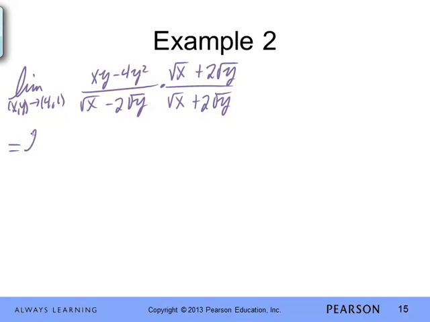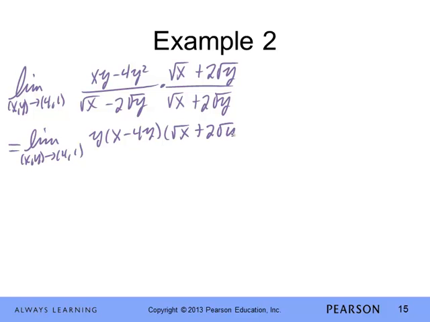Now, let's take another pass through here. Limit as x comma y approaches 4 comma 1. In the numerator, I'm going to factor out a y, so I have y times x minus 4y times the square root of x plus 2 times the square root of y, divided by, and in the denominator I have x minus 4y. Difference of squares, right?